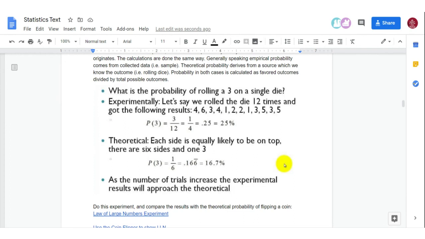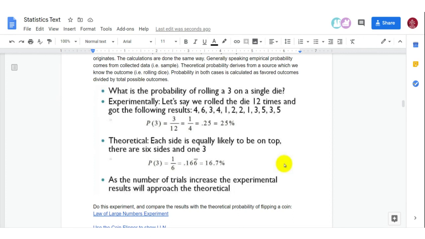But as an example, to go back up to the first thing where it says experimentally, let's say we rolled a die 12 times and got the following results. We got 2 4s, 1 6, 2 1s, 2 2s, 3 3s, and 2 5s.